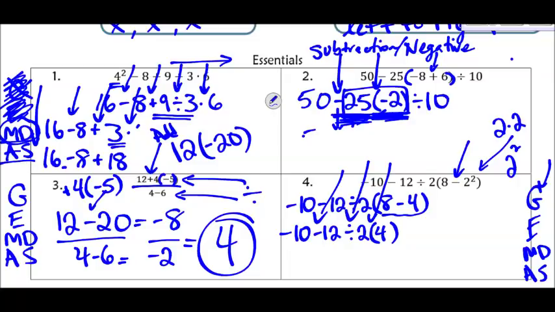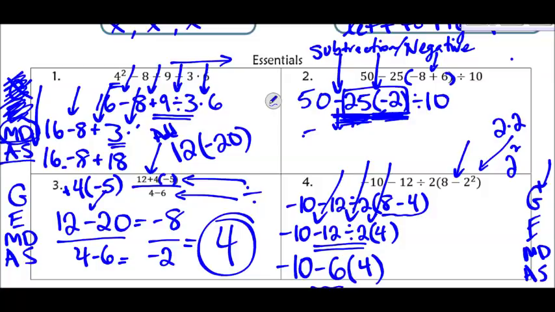I have to do negative 12 divided by 2. So that changes into a negative 6 times 4. The multiplication part of that didn't change. Just changes the number in front of the parentheses now. Just divided negative 12 by 2. That gave me a negative 6. Now I can do the multiplication.